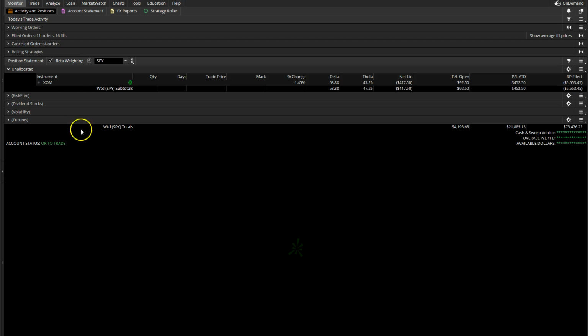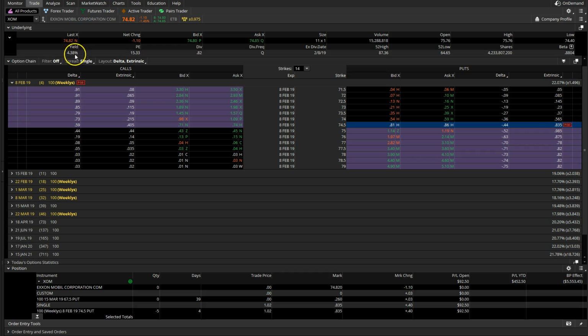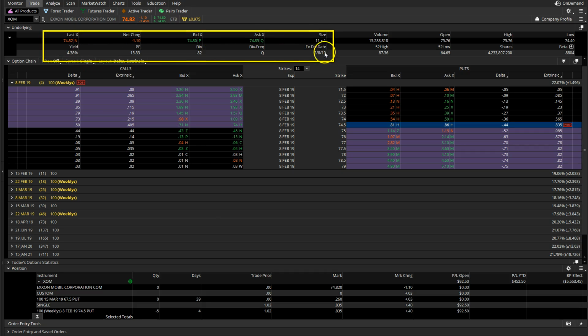Here, this is the trade that I made. This is one of my accounts on the Thinkorswim platform, and if we go to the trade page, here we can see Exxon Mobil, the yield 4.38%, the dividend, and the ex-dividend date.